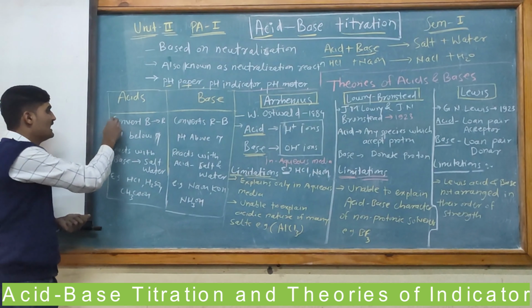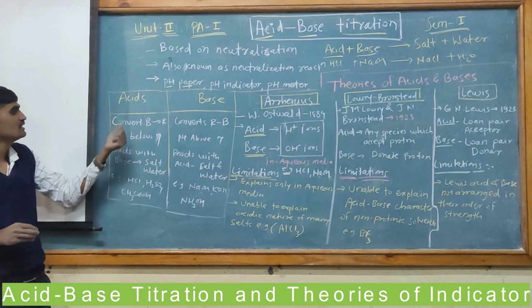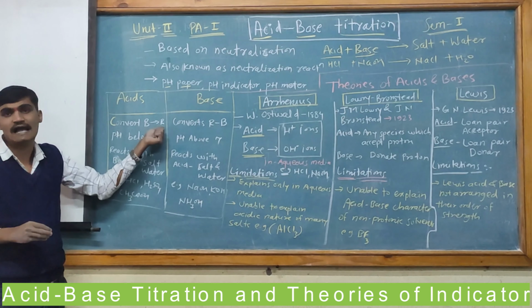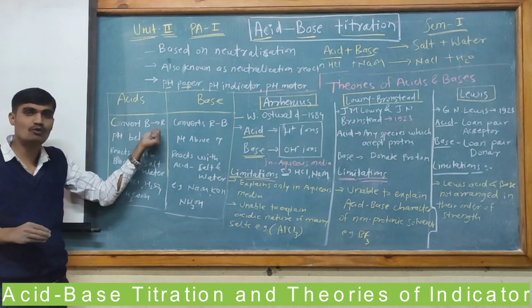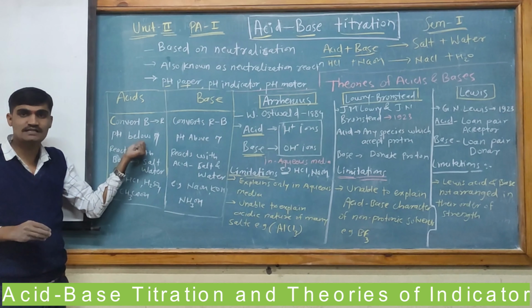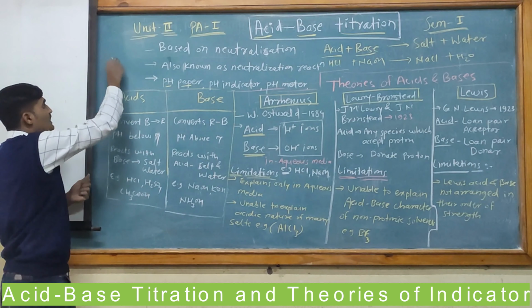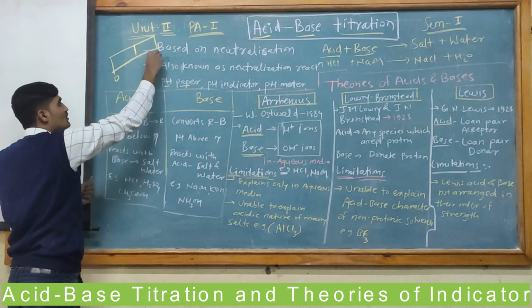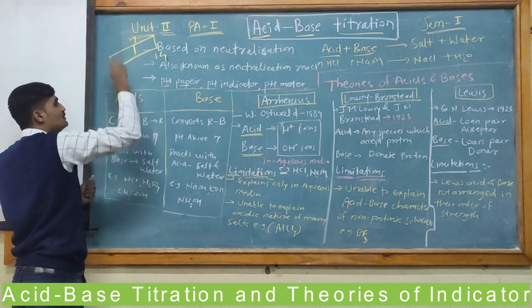The acid converts blue litmus paper to red, so we can call it an acid. Acids have a pH below 7. If you see the pH scale, it goes from 0 to 14, and 7 is neutral.